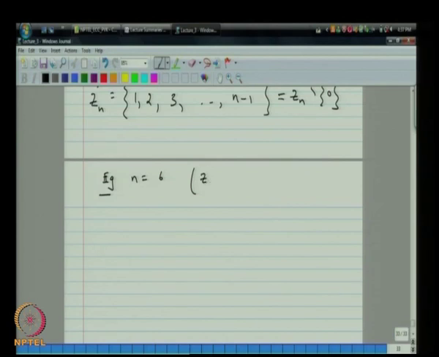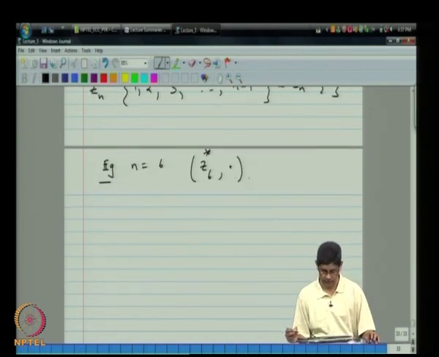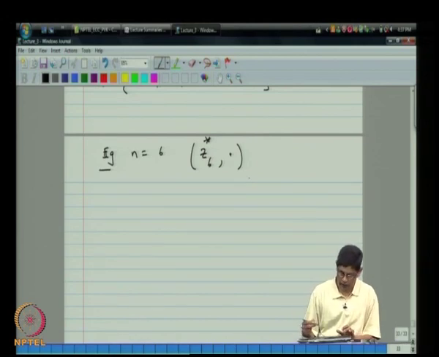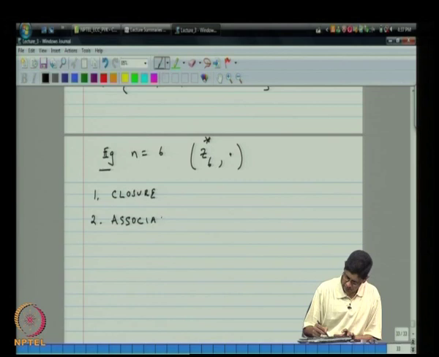So, we are looking at Z6 star under multiplication, and the question is, does this form a group? Now, recall that in order for something to be a group, it had to satisfy the following axioms. 1, it had to satisfy the axiom of closure. 2, the operation had to be associative.